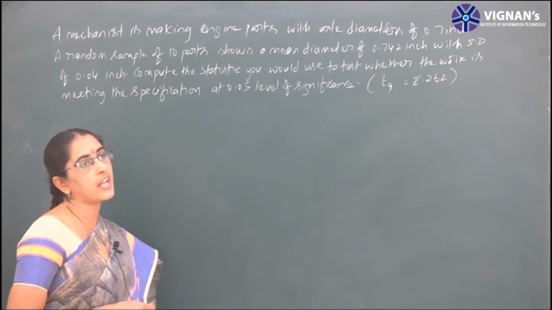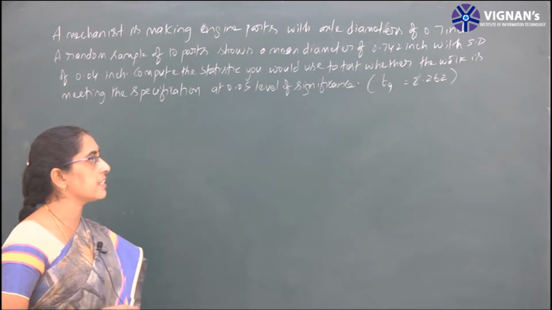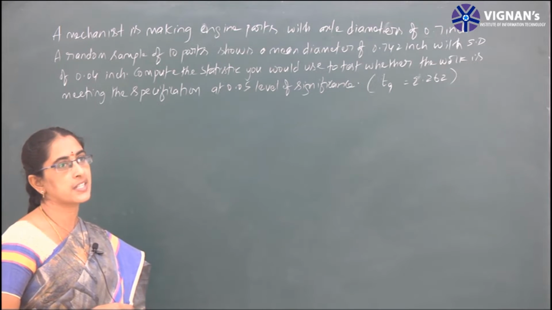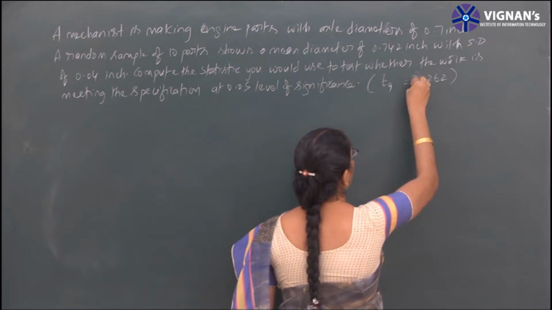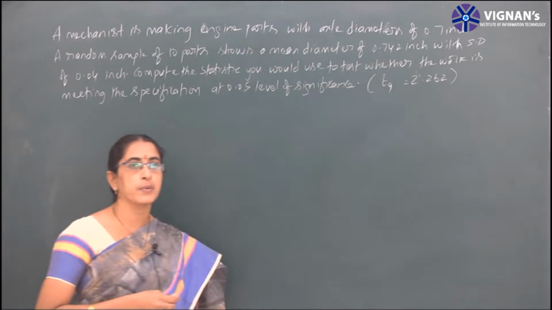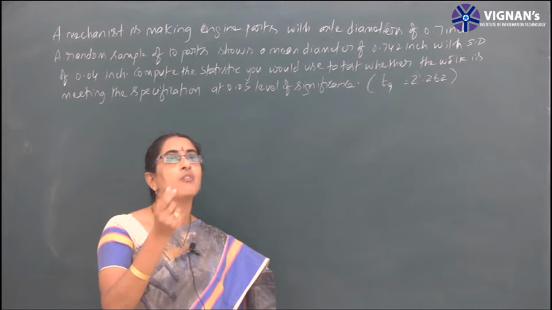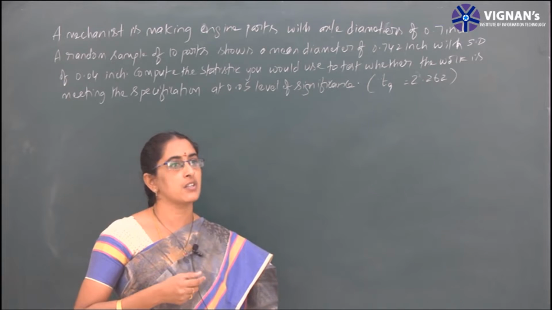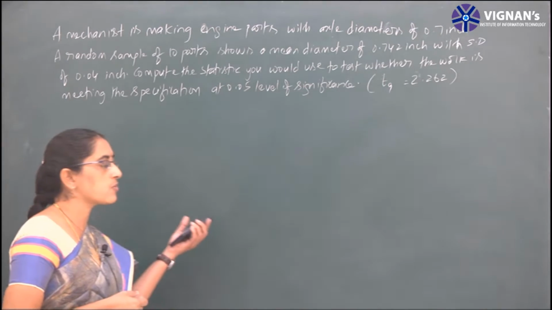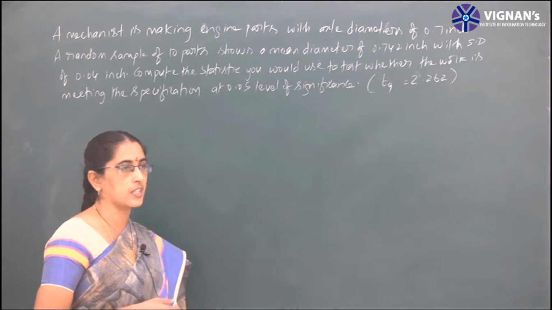And the tabulated value of t for 9 degrees of freedom is given as 2.262. Okay, so we have discussed the applications of small samples for a single mean, that whether the items we are producing are meeting the measurement specifications or not. So that's what they are asking you to test here.